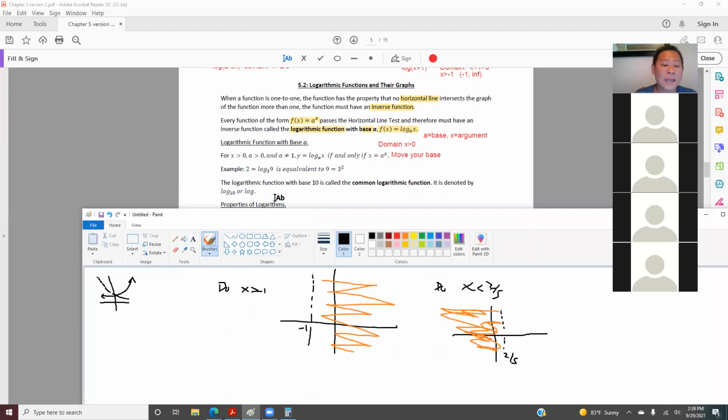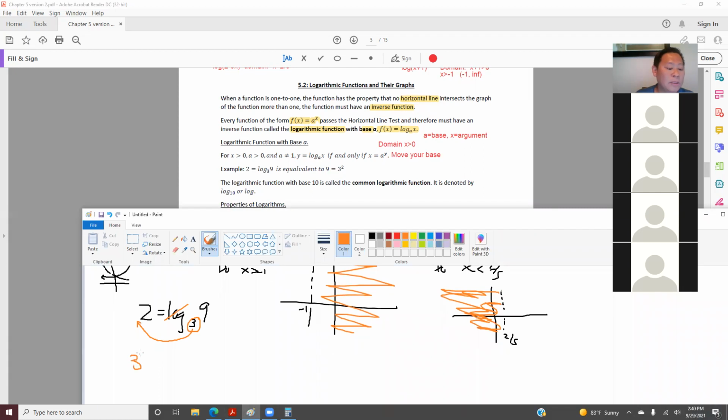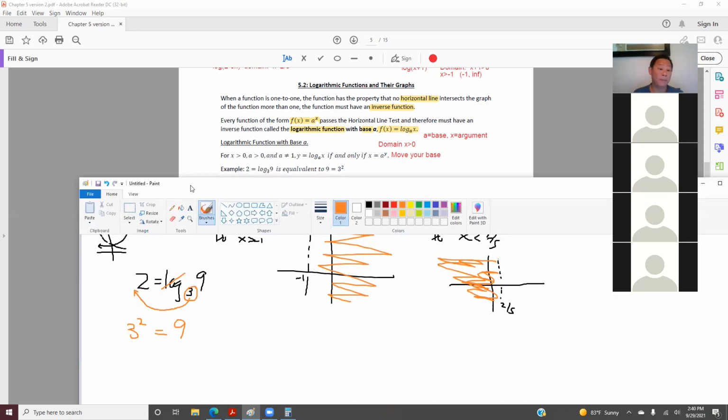For example, if you have 2 is equals to log 3 of 9, and you want to write this in exponents, you take your base and you move it up, and then you drop your log. So in this case, it will be 3 squared is equals to 9. So if you want to write your log to exponents, this is what we call move your base.